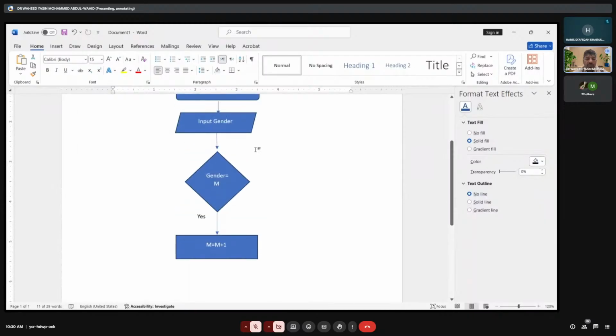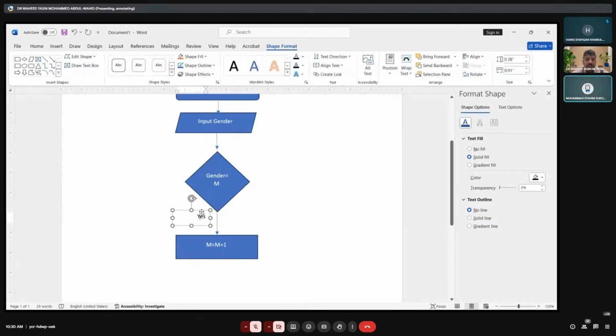If it is no, if gender equal... if it is no, F equal F plus 1.